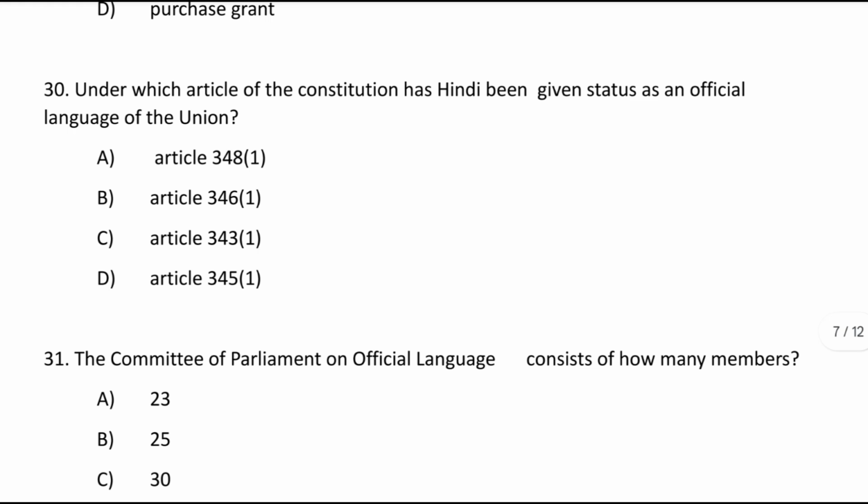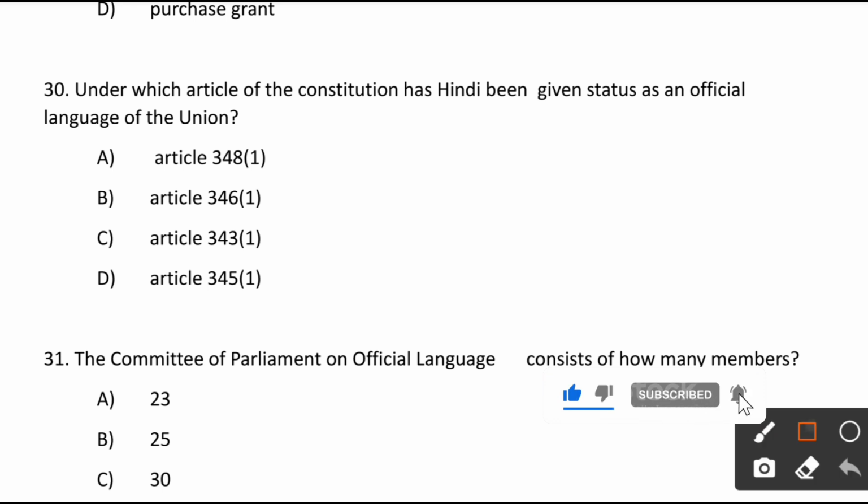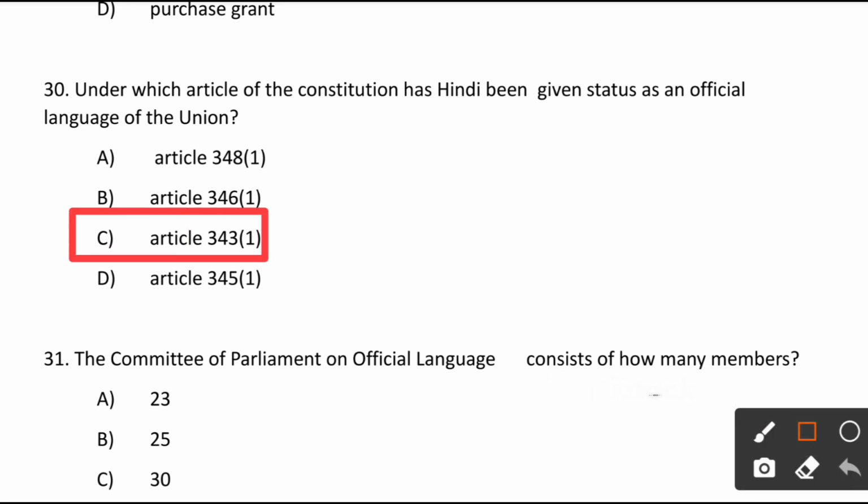Under which article of the Constitution has Hindi been given status as an official language of the Union? A. Article 348(1). B. Article 346(1). C. Article 343(1). D. Article 345(1). In this question, the correct answer is C. Article 343(1).